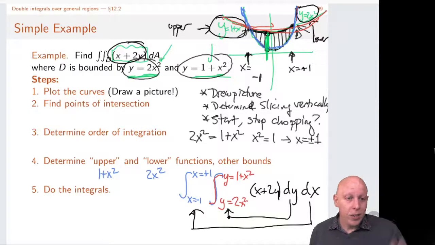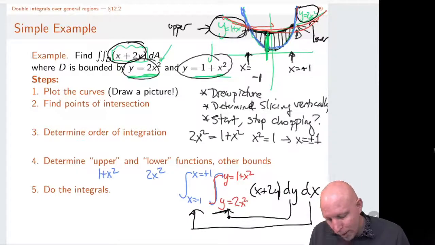All right, and now we'll do the integration. So the first integral is with respect to y. The integral of some constant with respect to y is just that constant times y. The integral of 2y is y squared.